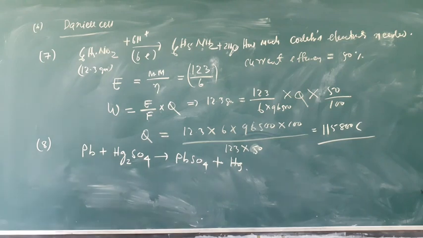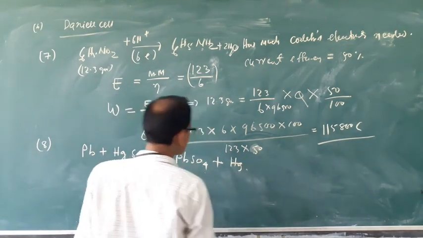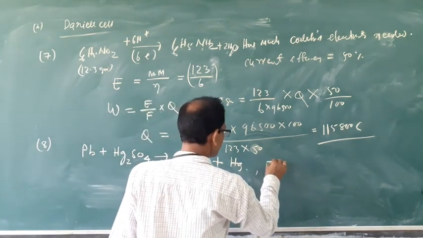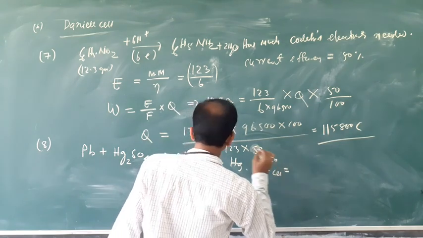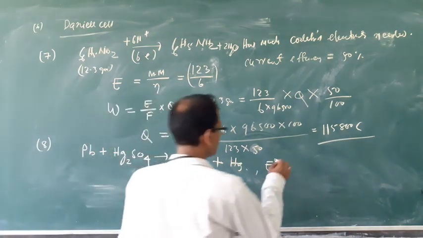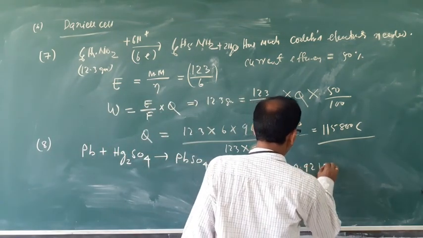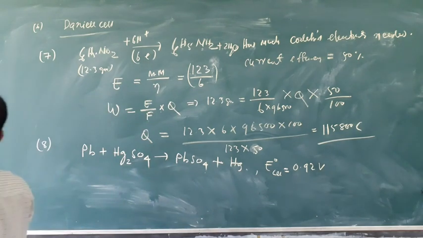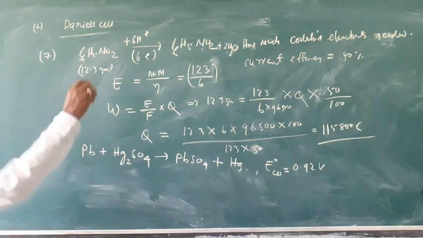Here E naught cell is 0.92 volt, given. And KSP is given.